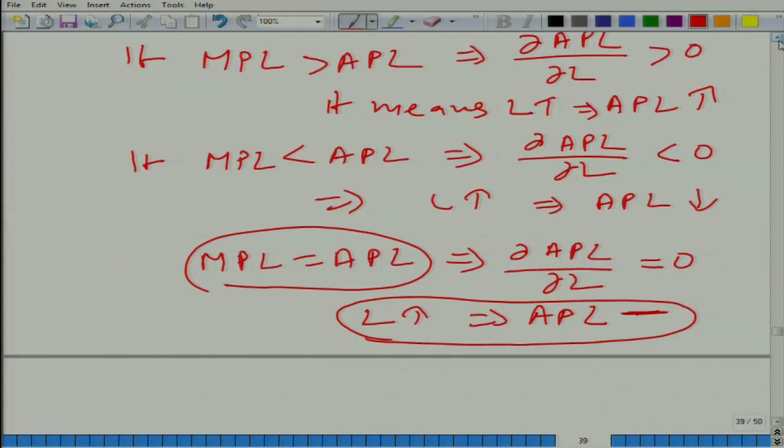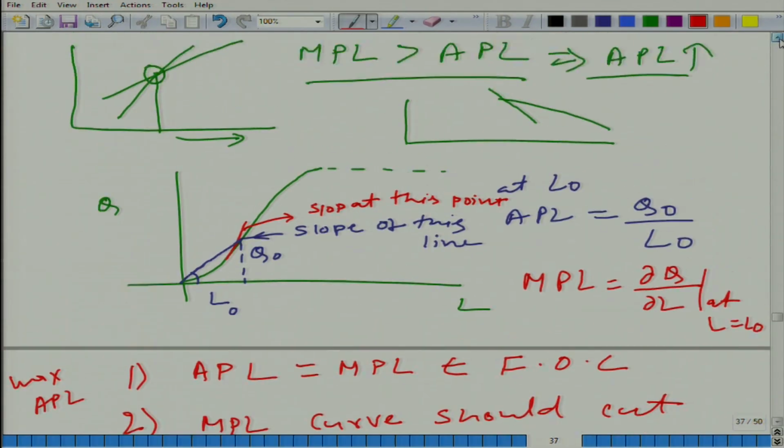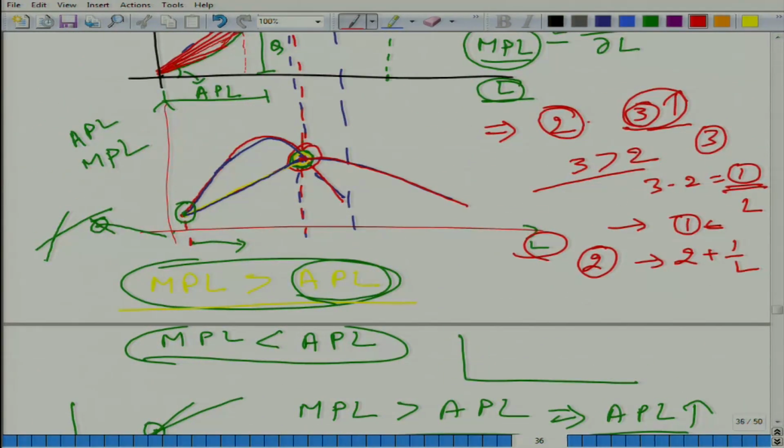What we have learned is that there are 2 points where they are equal, this point and this point, but only here we have maximum. The second requirement that I am not going to discuss, but if you know calculus, we have obtained the first order condition, you can obtain the second order condition. And how can you obtain it?